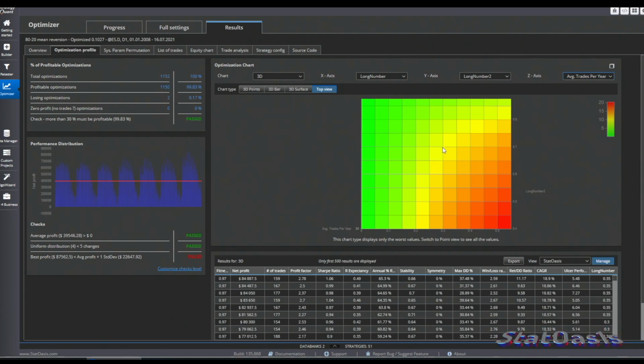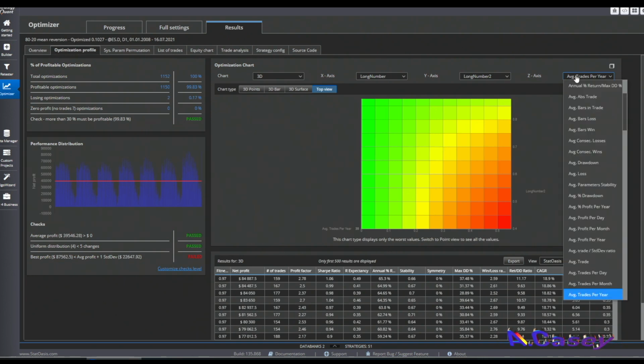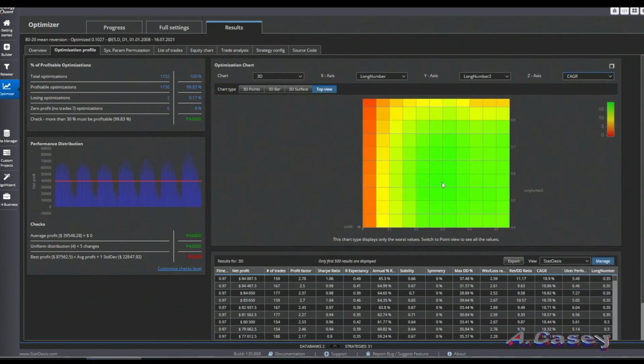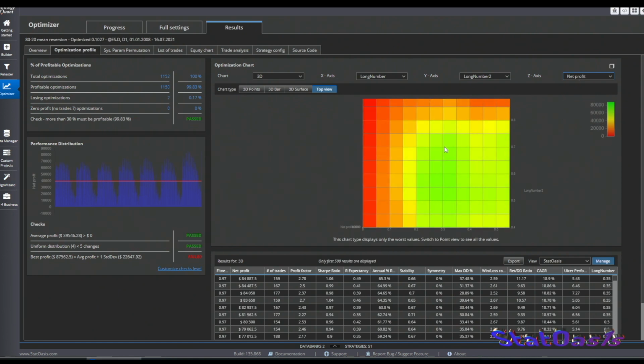Obviously, this one is better, 0.7 and 0.3. But then if you go again to CAGR, you will see 0.7, 0.3, then we don't lose a lot of trades, and also we keep our net profit. So it looks like 0.7 and 0.3 are really good.